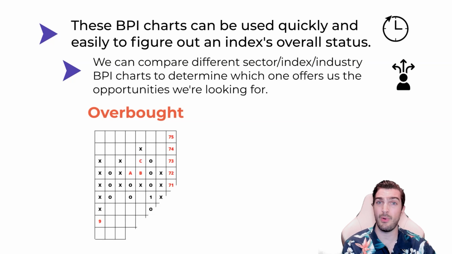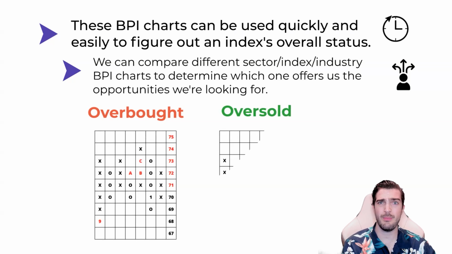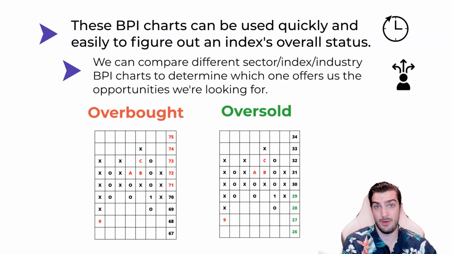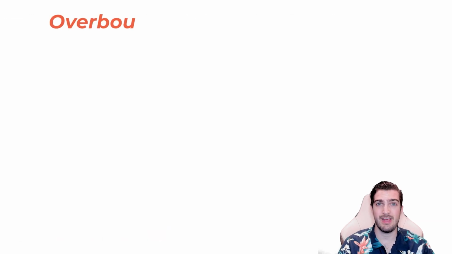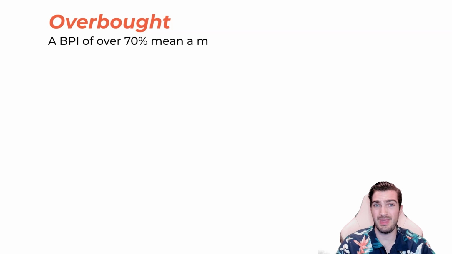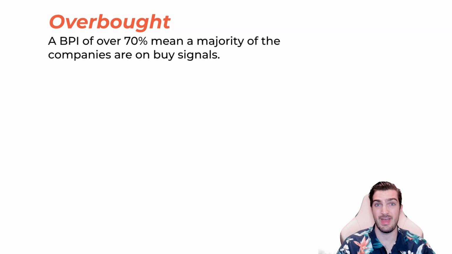To talk a little bit more about those opportunities, let's go back to those green and red overbought and oversold ranges that we had talked about prior. If we have an index that has a BPI of 70% or above, it means that we're getting into that red or overbought range. That means that the majority of the securities in that index are currently on buy signals.